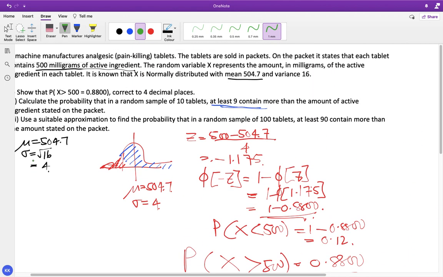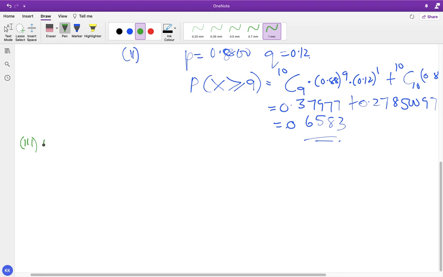What is the n value? n is 100, and p is 0.88.